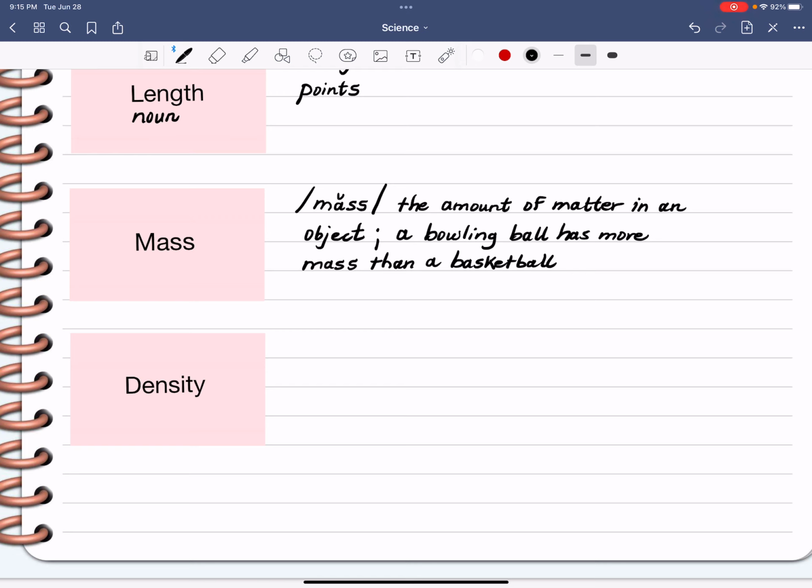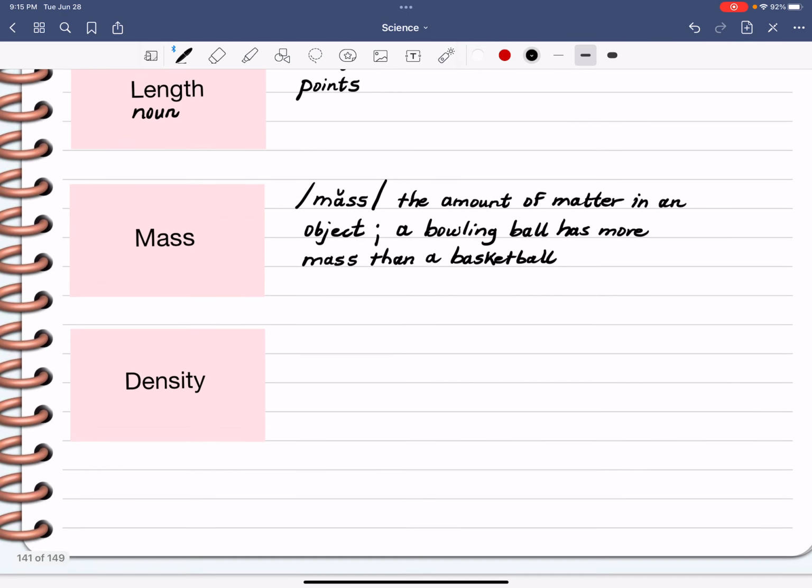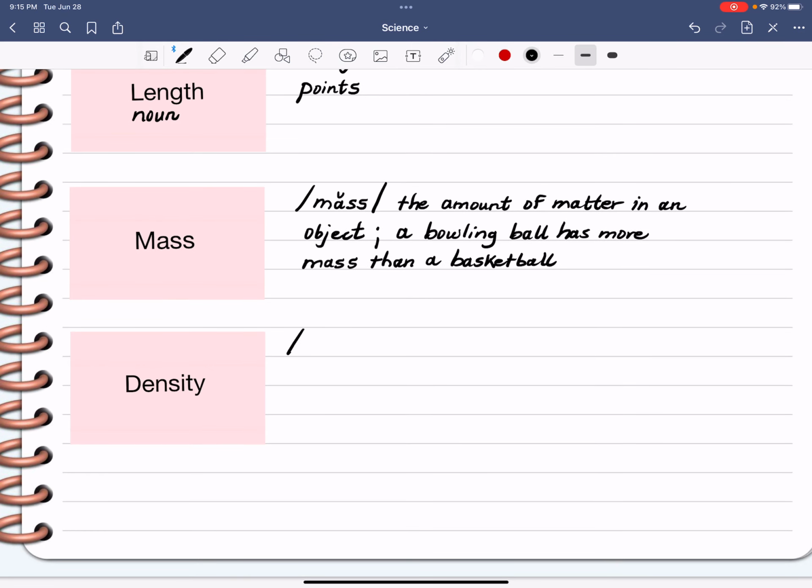Okay, our text did not give us the definition of density, so I'm going to give us a definition, but let's break this into syllables. We have den, si, and in this one, the Y is the vowel for us, but we have density. Density. 3 syllables.